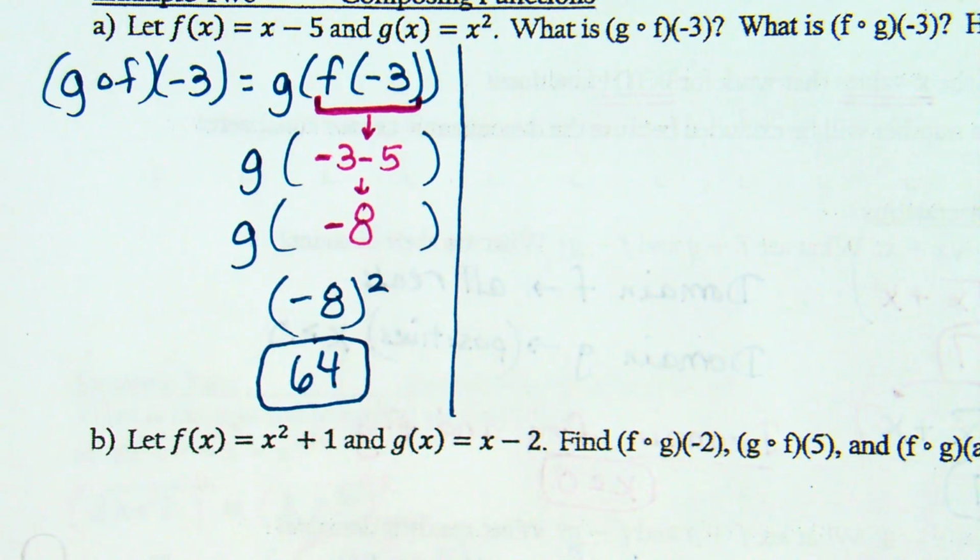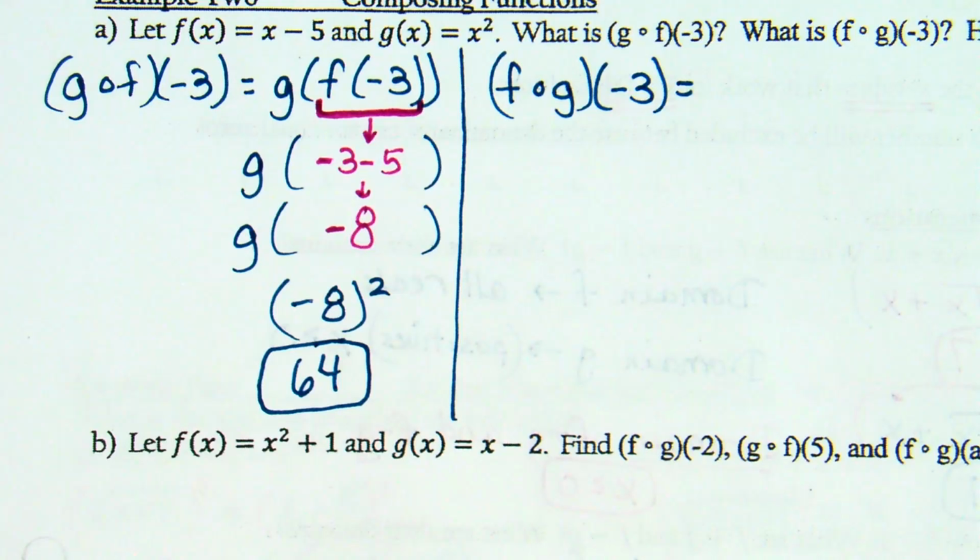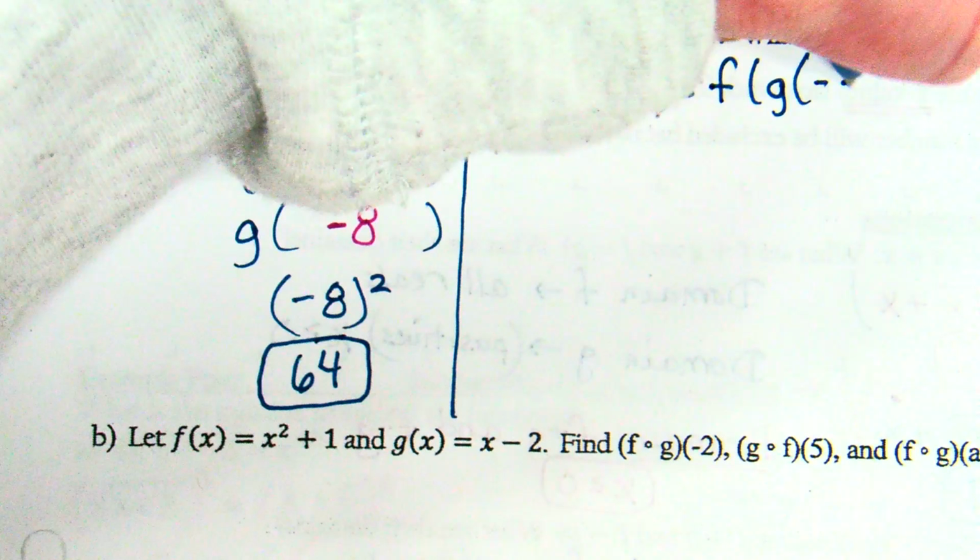Okay? What's the next question? f of g of negative 3. Now, first thing I'm going to do is rewrite it. f composed with g means I'm going to write f of g of negative 3.